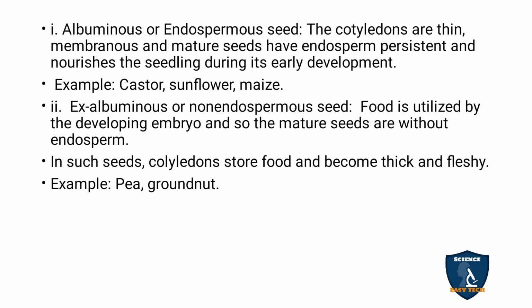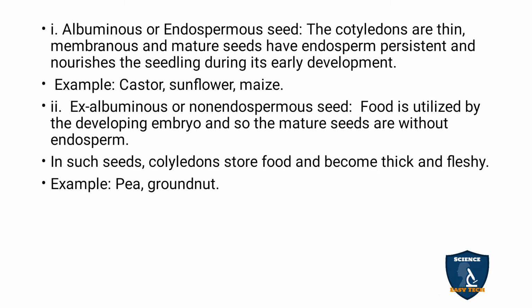Ex-albuminous or non-endospermous seeds. The food is utilized by the developing embryo, and so the mature seeds are without endosperm. So the complete nutrition seen in the endosperm was utilized by the embryo development. Because of that, the seed doesn't have endosperm and it is called ex-albuminous or non-endospermous seeds.